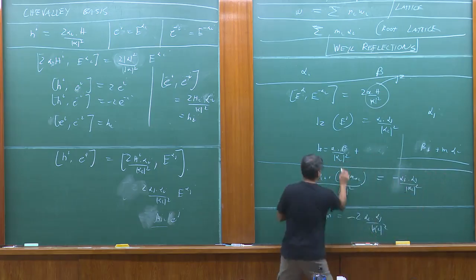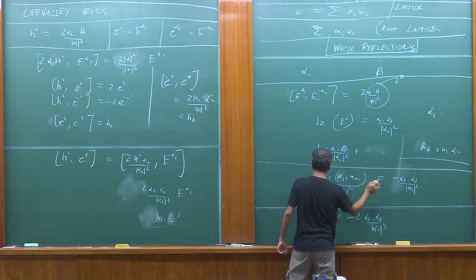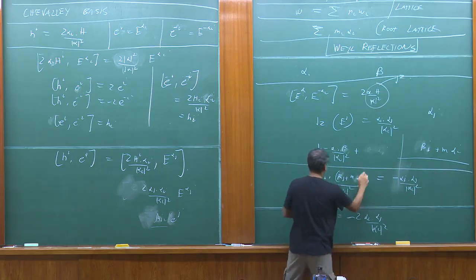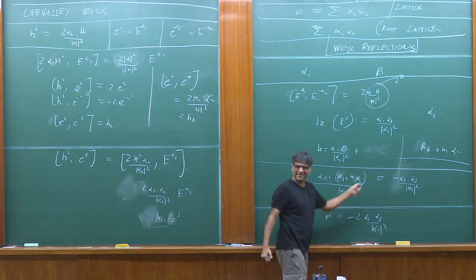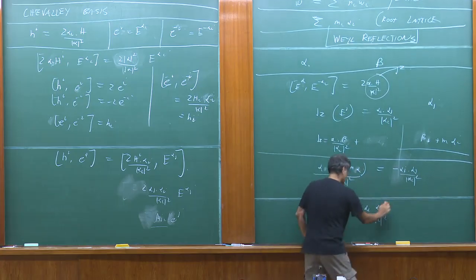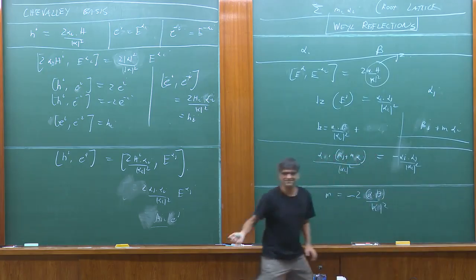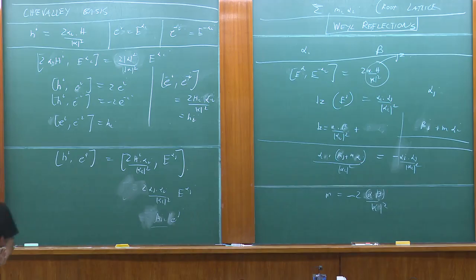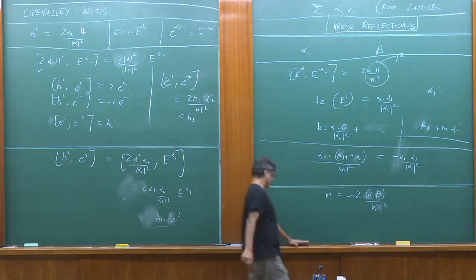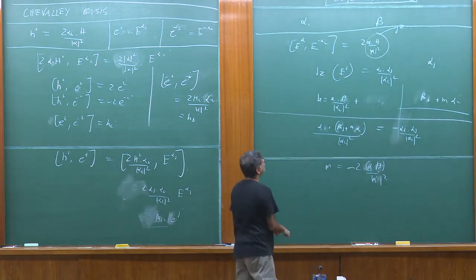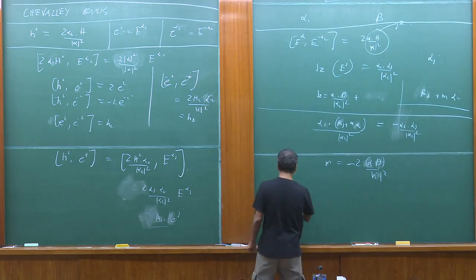So this is beta minus m alpha dot this, and so on. So this was beta, alpha dot beta by mod alpha square. Clear? Okay.